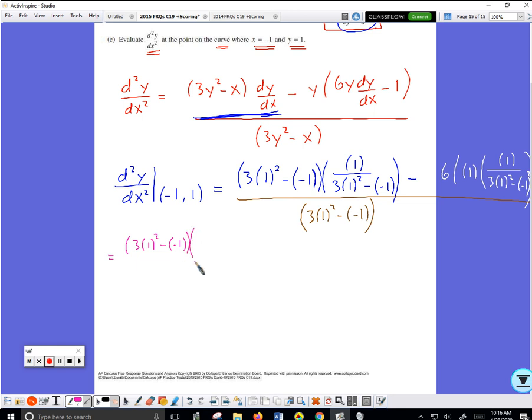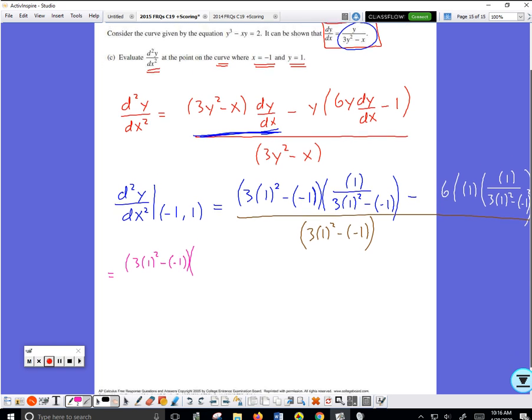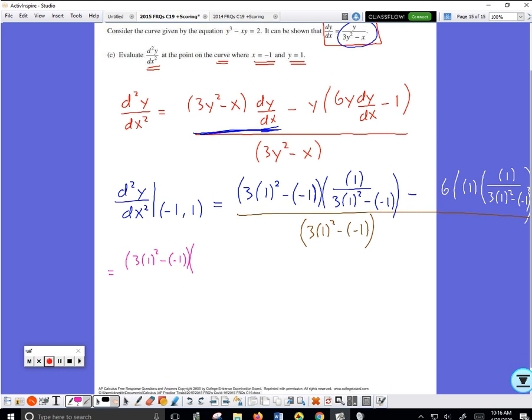So that's, dy dx is the y over, so that's going to be 1 over 3y squared minus a -1, minus, I'm right here, y.